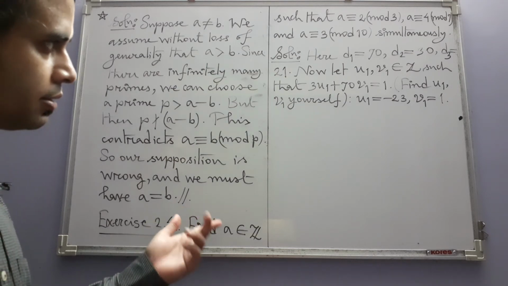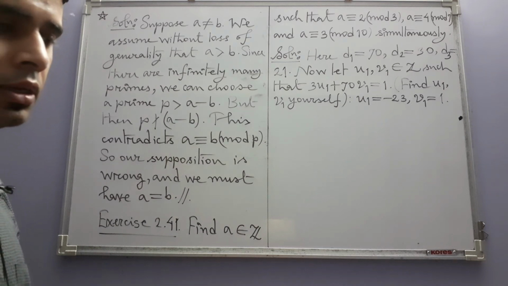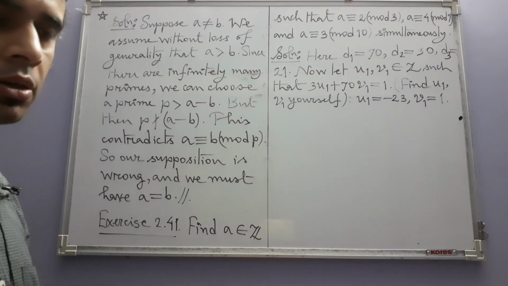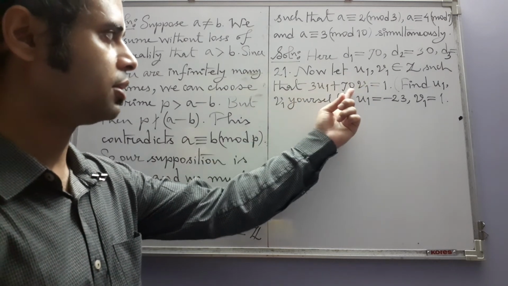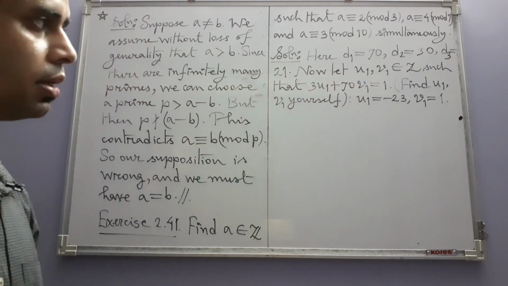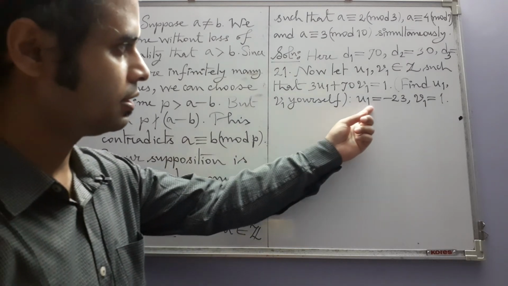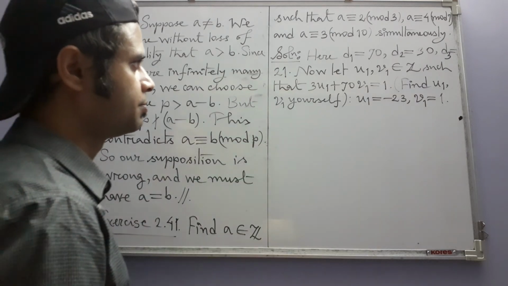You then divide 3 by that remainder, and you keep doing this until you get 1, and then you have to use the calculations in the reverse order to express 1 as a linear combination of 3 and 70 with these coefficients u1 and nu1. After you find that expression, you will see that u1 becomes minus 23 and nu1 is 1.